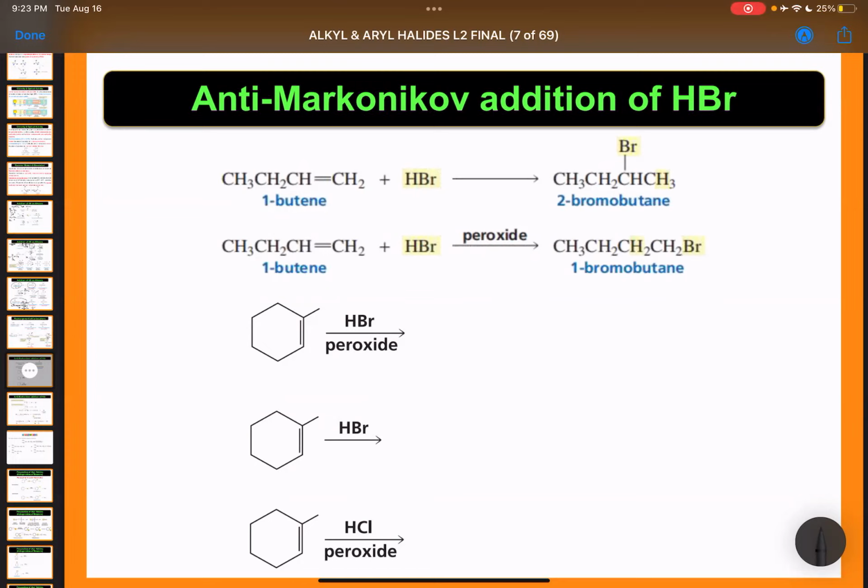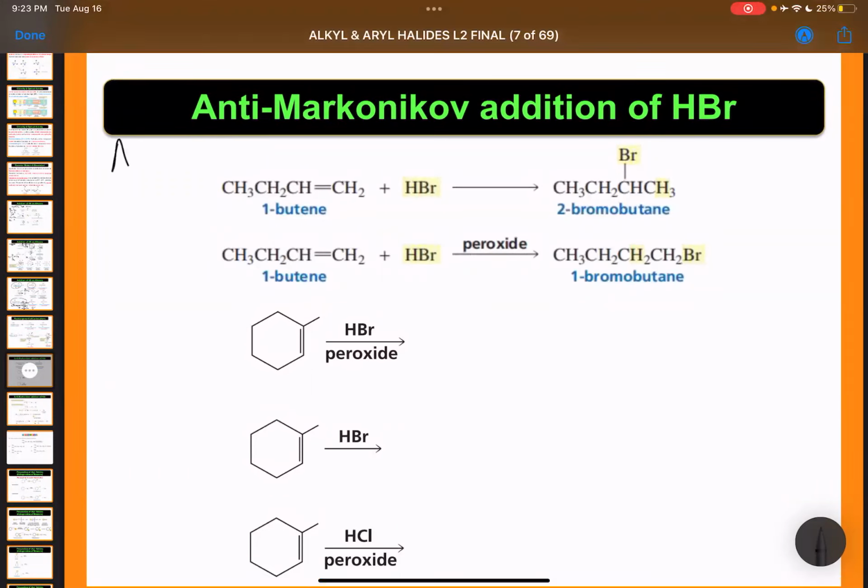Among HX, among all HX, meaning HF, HCl, HBr, and HI, only HBr can show anti-Markovnikov addition.